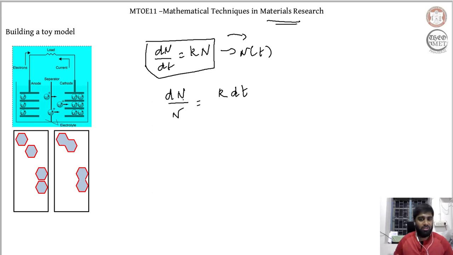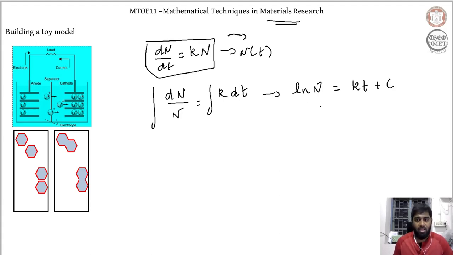If you Google it, of course you will be able to solve this on your own, or if you are a little bit rusty like me, you can Google it and come up with an expression. When you integrate it on both sides, you will end up having something like this.